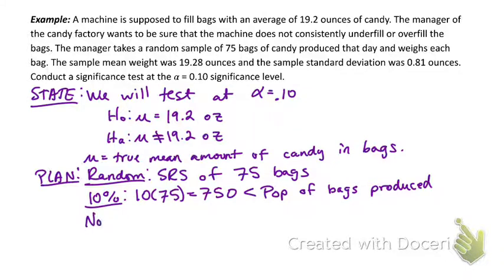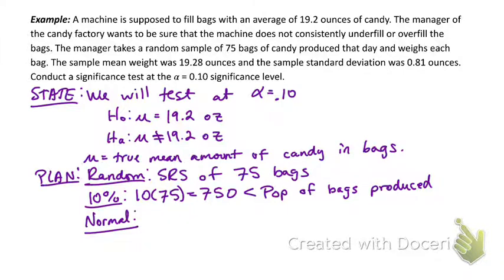This is the one that changes because we're doing means, not proportions. So there's no np, none of that mess. So, first question. Is the population normal? Did it tell us in the problem that the population was normal? No. It did not, so we can't use that one. Second option. Is the sample size bigger than 30?